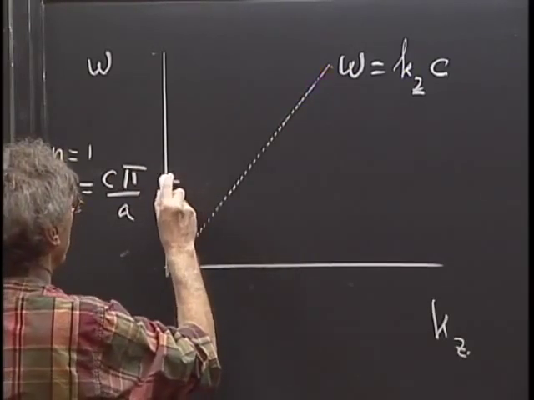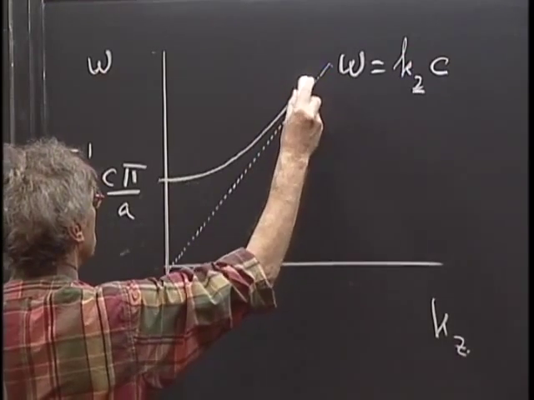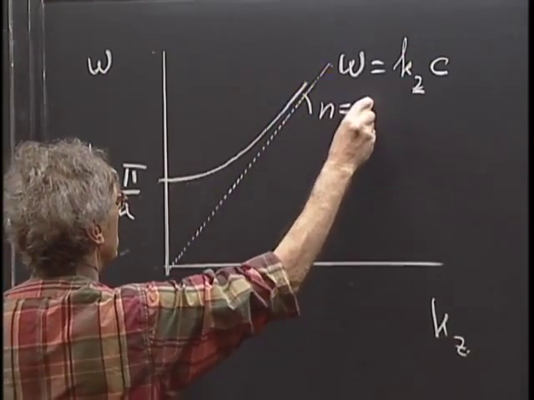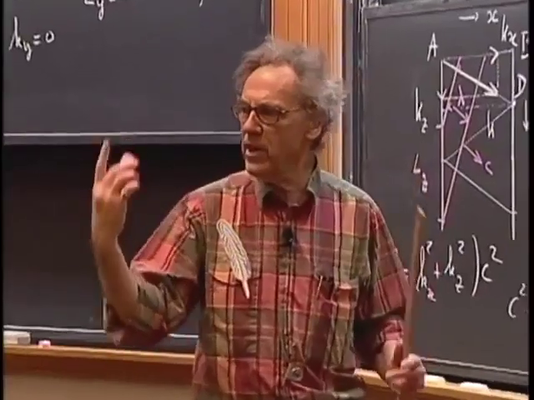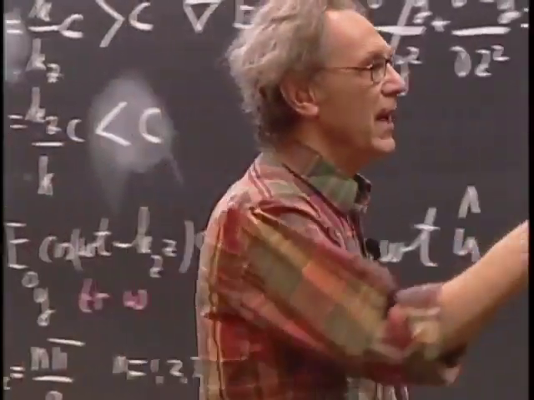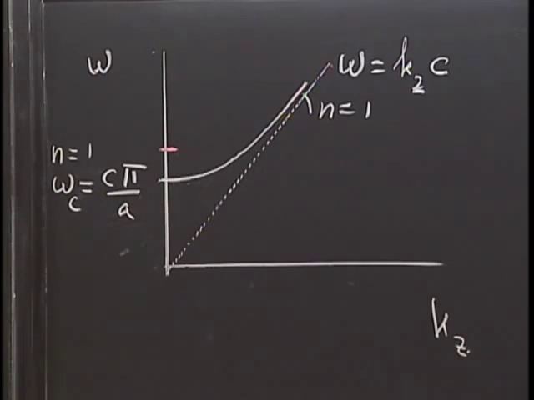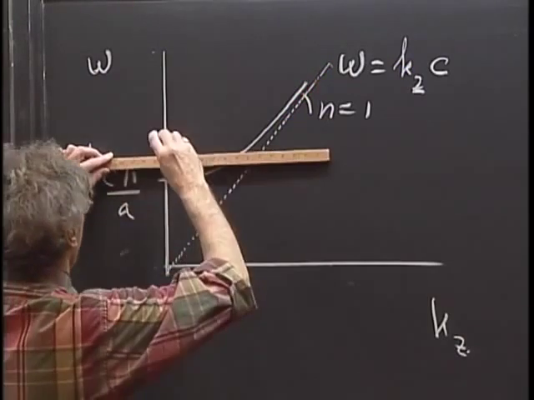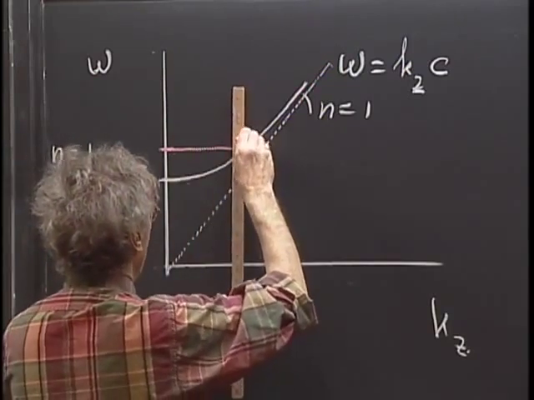And this curve then for n equals 1 goes like this. So this is n equals 1. So if I radiate electromagnetic radiation linearly polarized in this direction, and I know the frequency, let us say this is the frequency that I radiate, that's a given, then radiation will go through beautifully, and this will then be the value of kz.